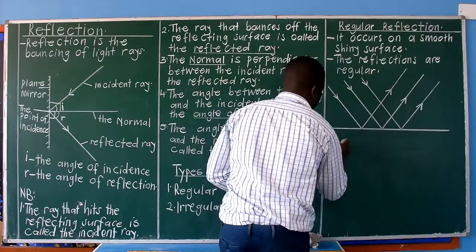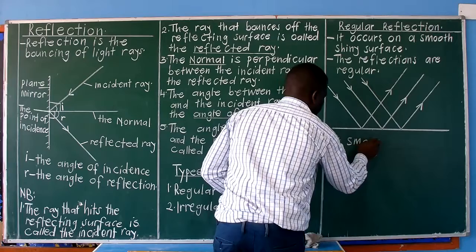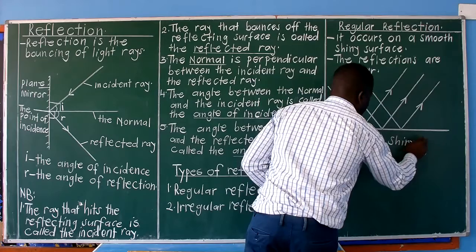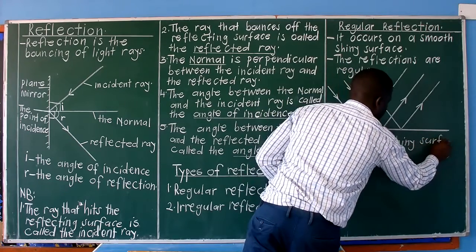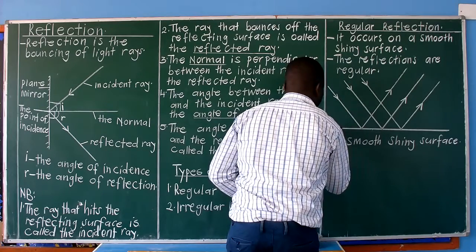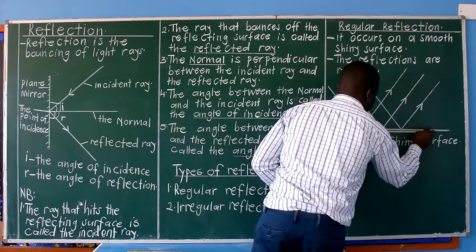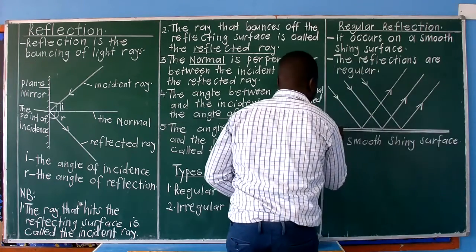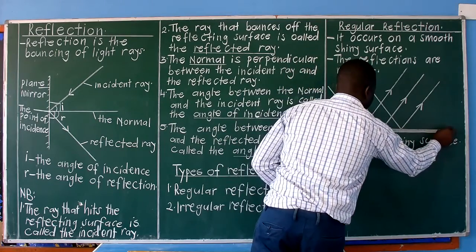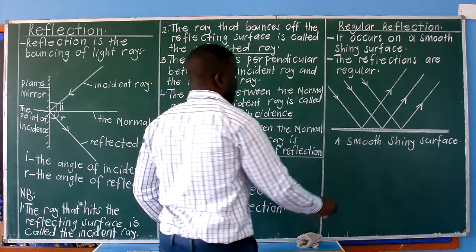This surface is smooth and shiny, so smooth, shiny surfaces produce regular reflections like mirrors.